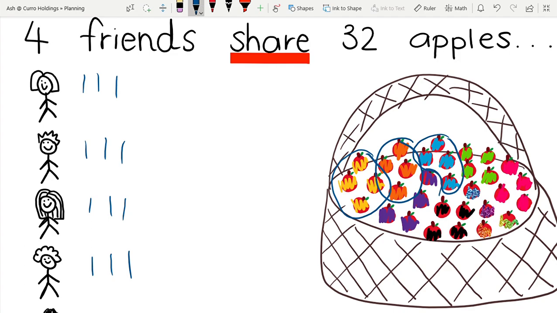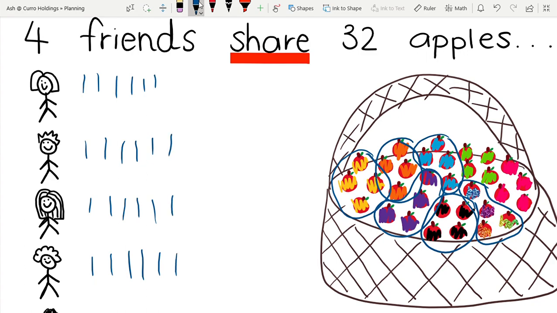The purple, the black, the rainbow, the green, and the pink.